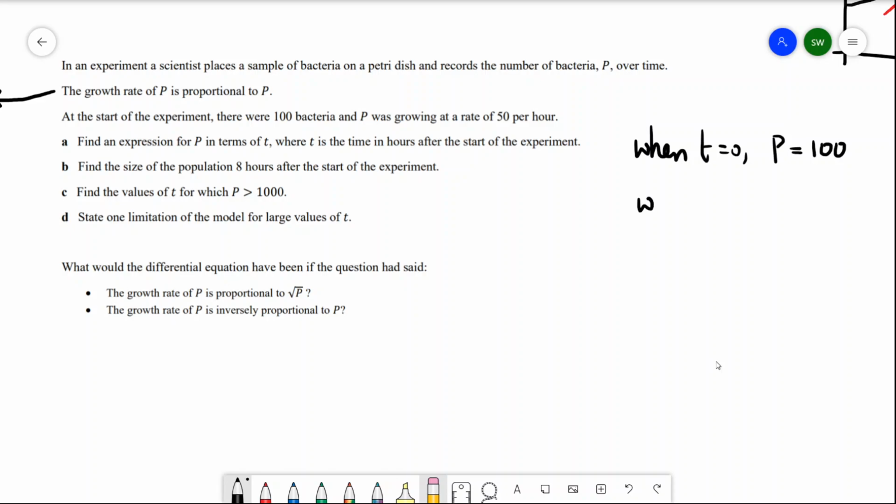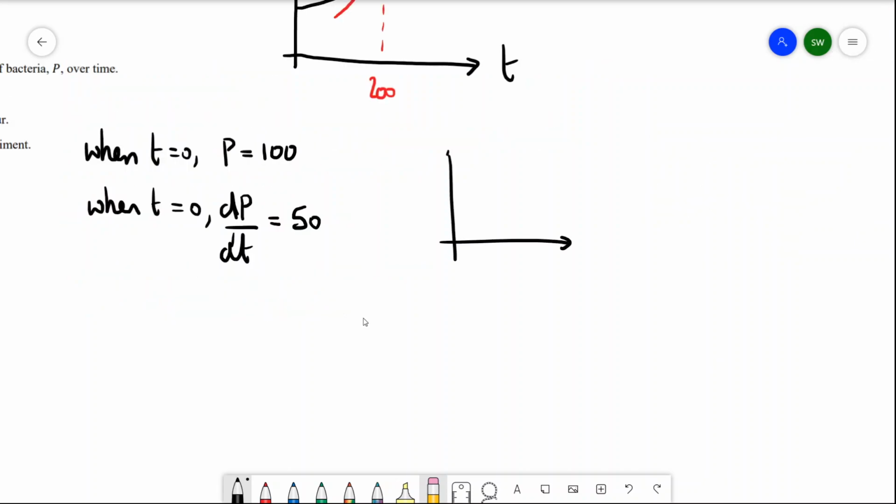So that means that when t equals 0, dP by dt, so that's the growth rate, was equal to 50.